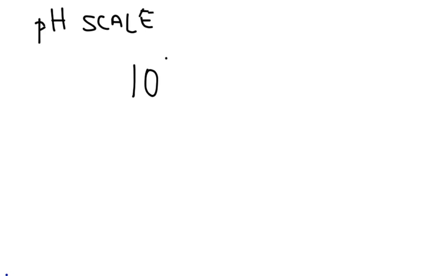Now, don't start panicking on me and thinking, but I don't understand logarithms. I don't remember that stuff. It's going to be fine. The pH scale is all about logarithms. We are doing log base 10. So all that stuff you learned in math, forget it for a second. A logarithm is the power to which 10 must be raised in order to equal a certain number.